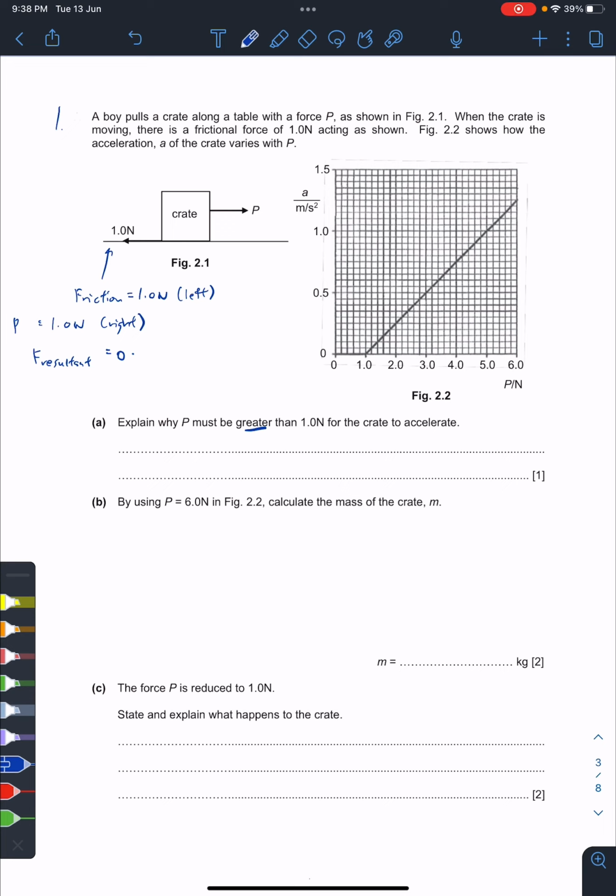Now, when there is acceleration, that means that there is a resultant force. So the answer here is so that there will be a resultant force acting on the crate to the right.